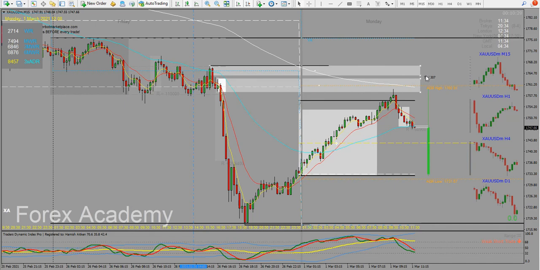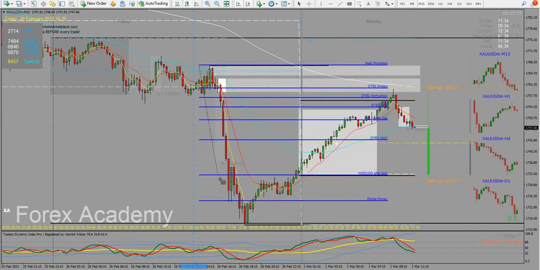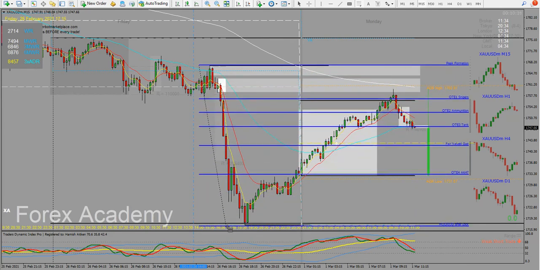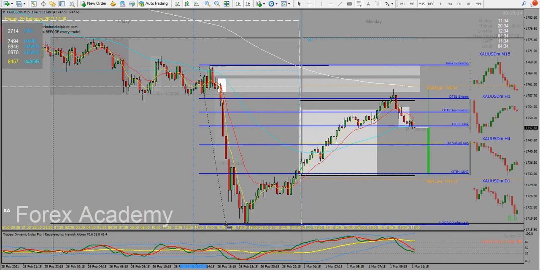Then we will see how I place my Fibonacci from the high to the low of New York open.